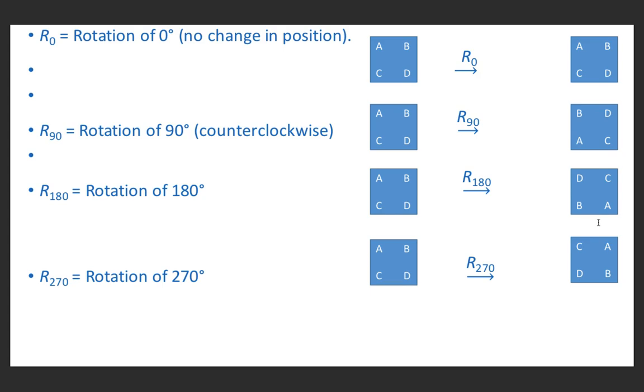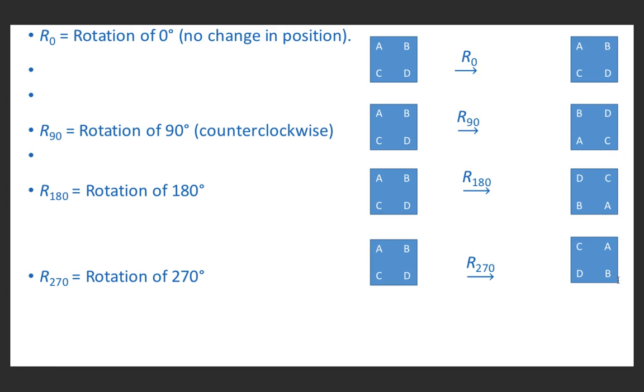When we again rotate it by 90 degrees, then corner C will come here, corner D will come here, corner B will come here, and corner A will come here. And this is a rotation of 270 degrees which is given to our initial square. When we give this square a rotation of 270 degrees, we will get this square.